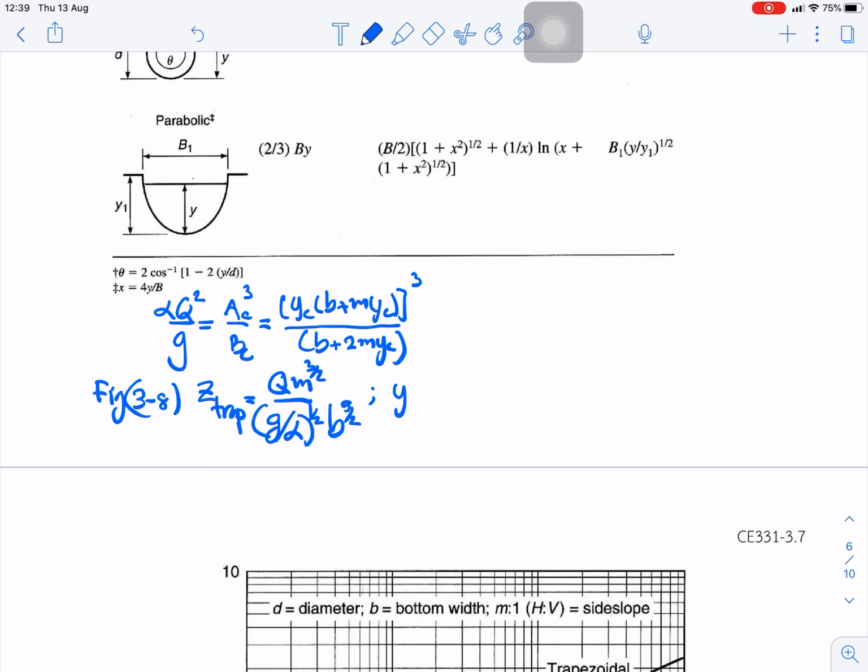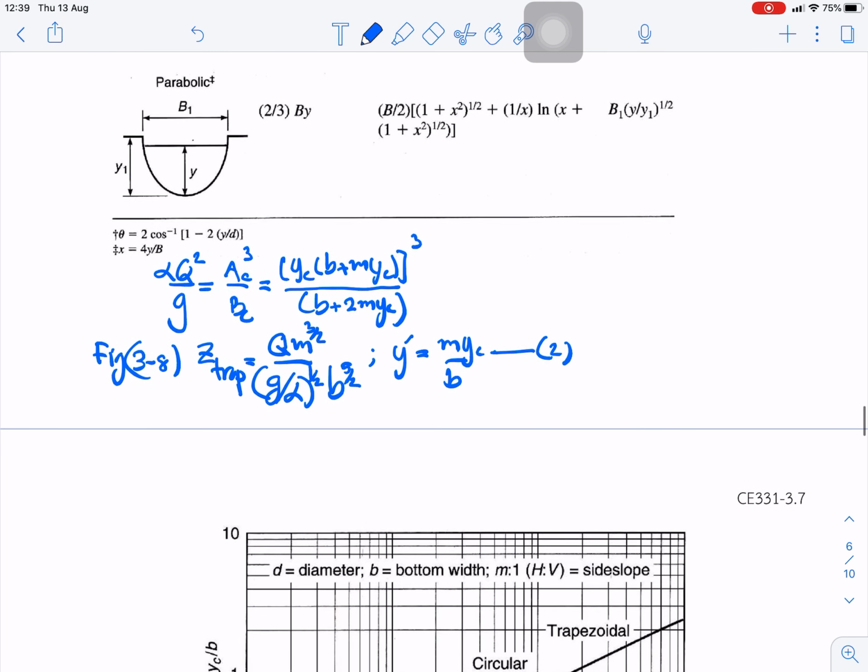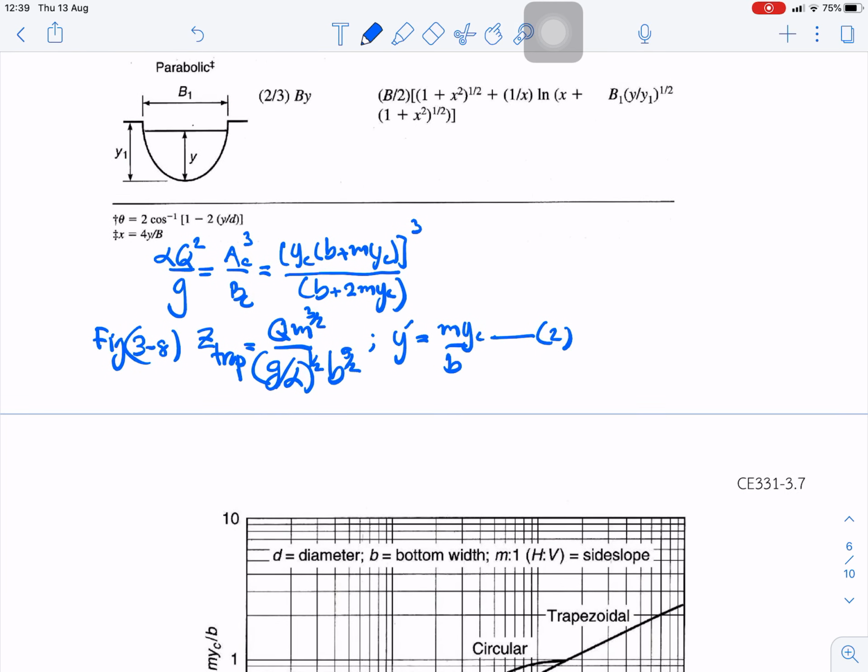In this case y prime is equal to m yc over B, and Z trap is equal to, substitute y in this equation.